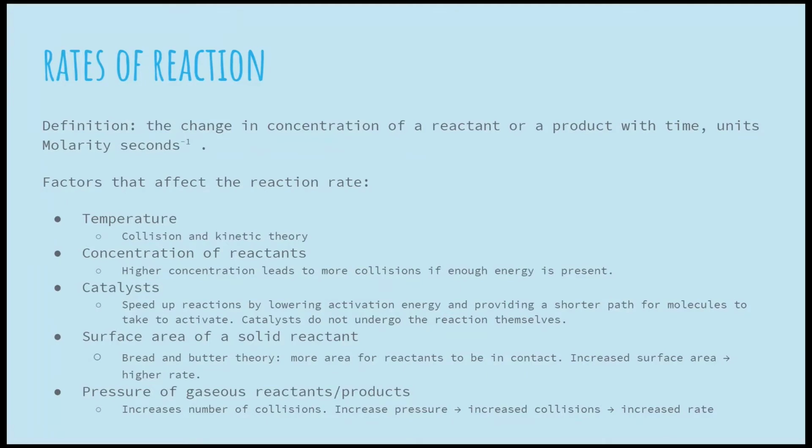Some of the factors that can affect the reaction rate are temperature, which can affect it because of the collision theory and kinetic theory. Concentration of reactants can affect it because a higher concentration leads to more collisions if there is enough energy present. Catalysts could also affect the rate of reaction.